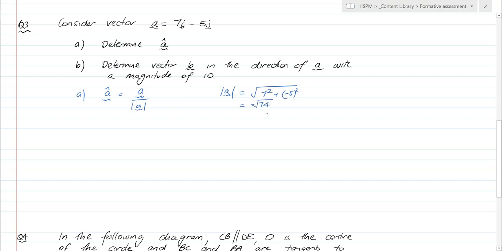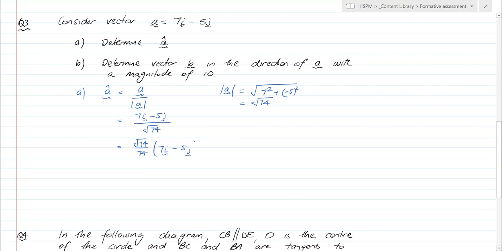So that's root 74, and so therefore A hat is equal to 7i minus 5j over the square root of 74, and I'll take that in many different forms. Some of them could be the square root of 74 over 74 times 7i minus 5j, or, sorry, that's failed on me.